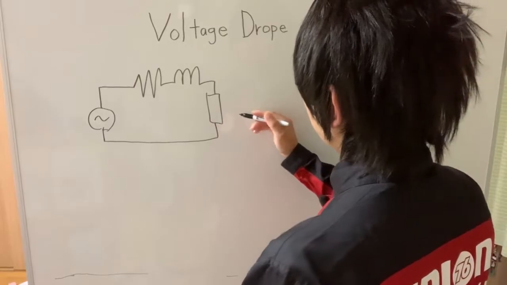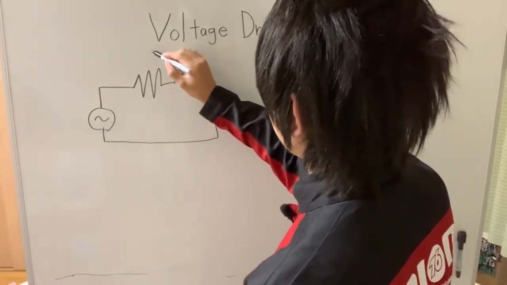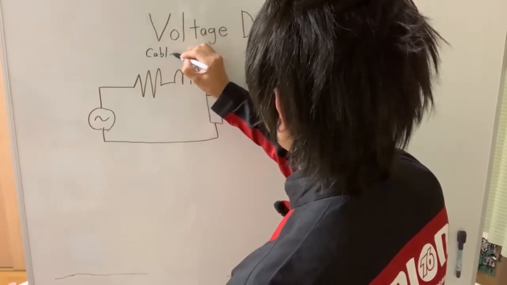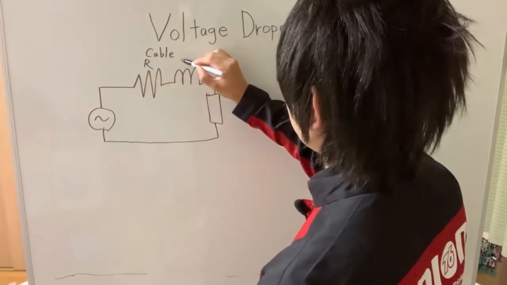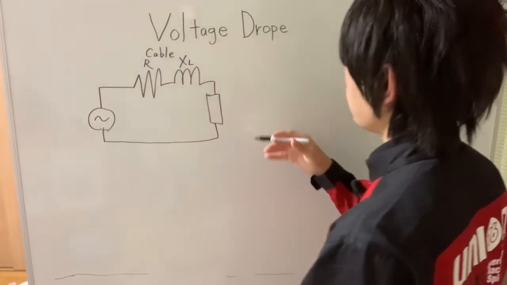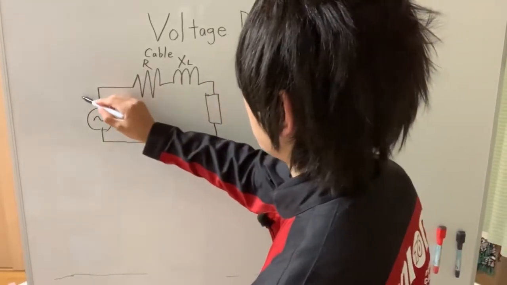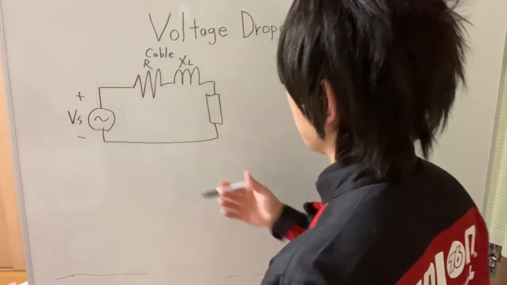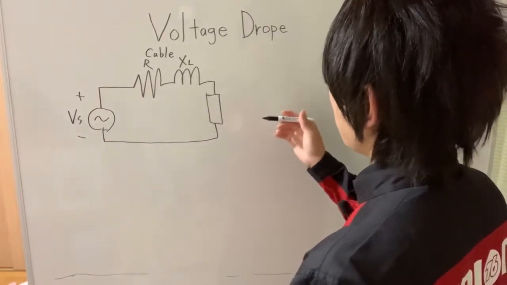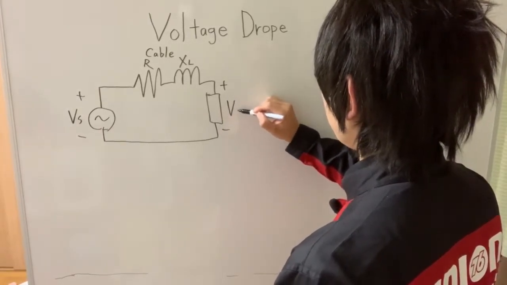Joining the source to the load, there is a cable or feeder represented by resistance and reactance associated with the inductance of that cable. The source voltage is given as Vs, of course a phasor. Similarly, at the load, we have a voltage VL.